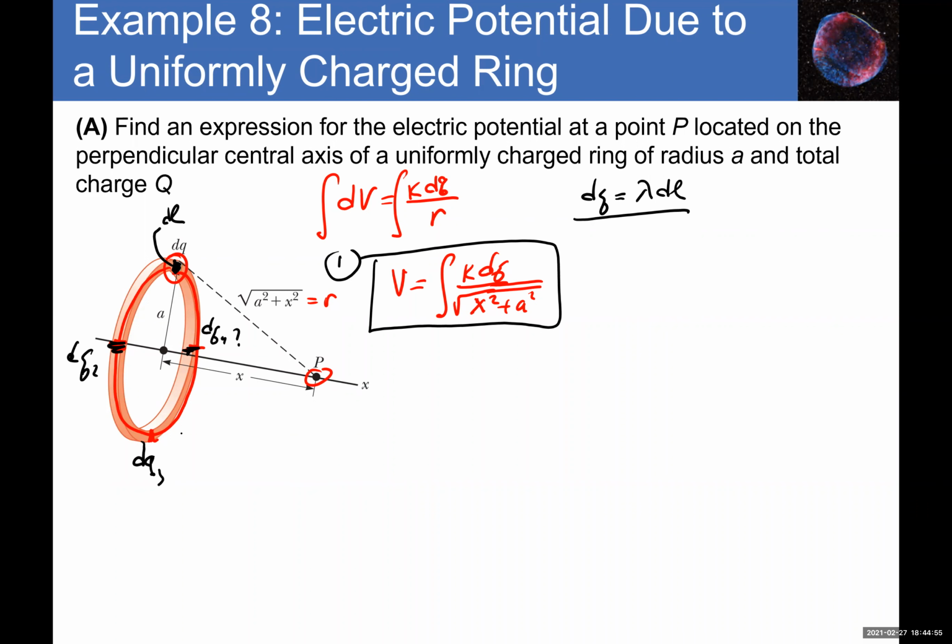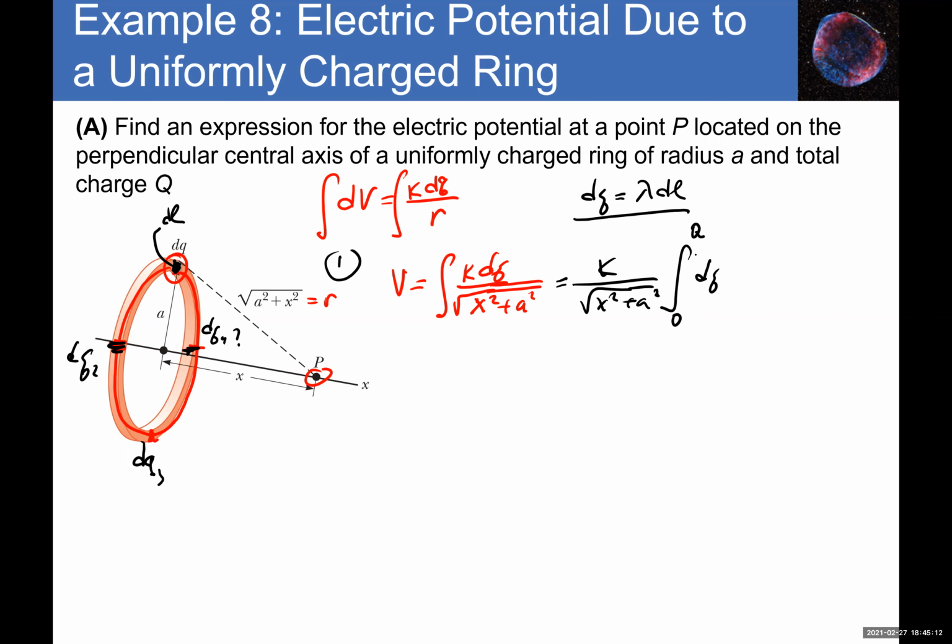That means everything is constant, and the equation simplifies: k over the square root of x squared plus a squared, since x is the same for all of them and a is the same for all of them, times the integral of dq going from 0 to Q, which just becomes kQ over the square root of x squared plus a squared. Okay, so that's what I get.